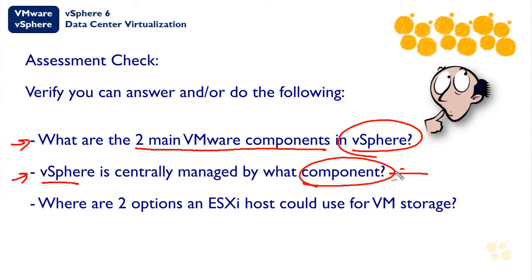And by the way, the answer to that one is going to be one of the 2 main components in a vSphere environment. And number 3, what are 2 options that an ESXi host could use for VM storage? And if you're not quite sure on the answers to any of those, please review those sections in this nugget before you continue.